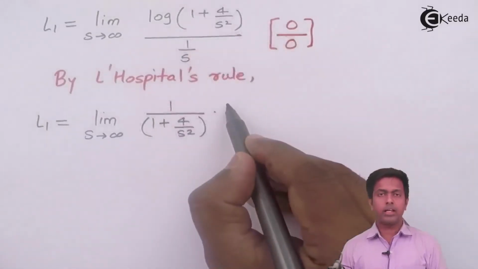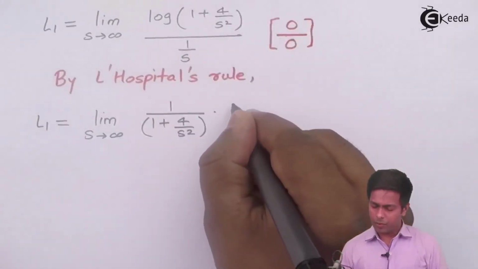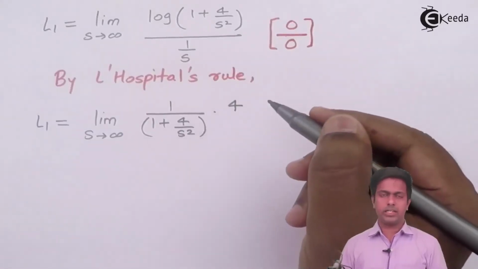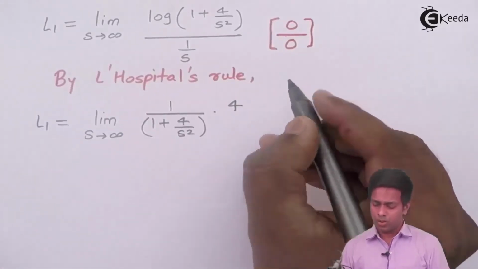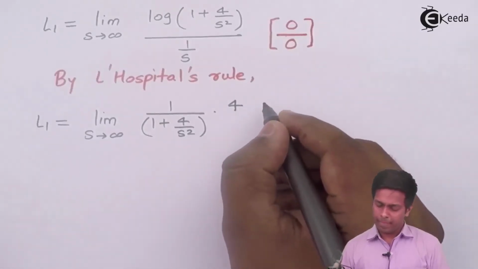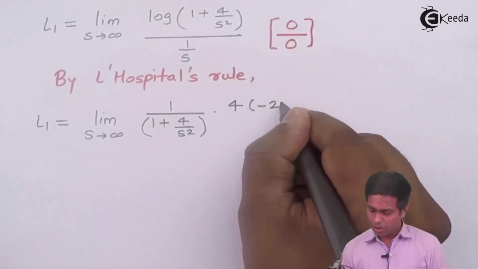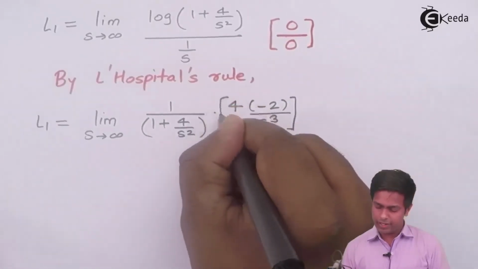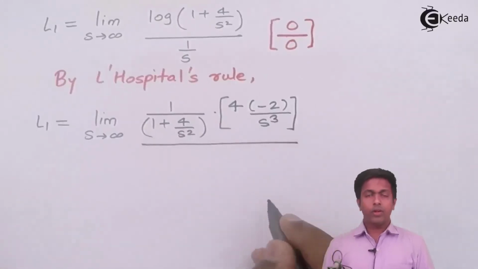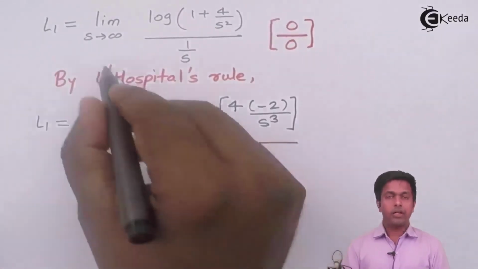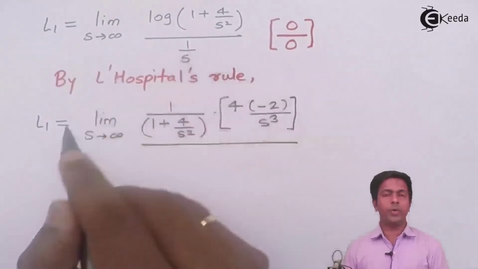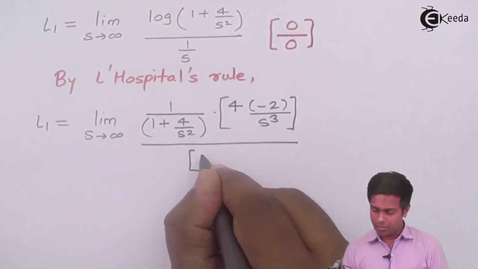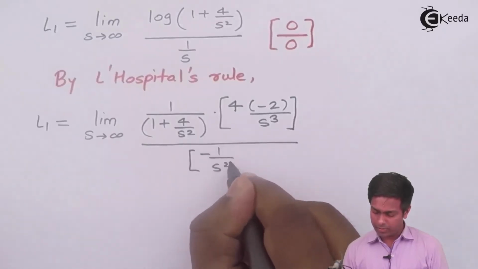The derivative of 1 is 0 and 4 is constant, and the derivative of 1 upon s square, which is s raised to minus 2, will be minus 2 upon s cube. You have to be very good with derivatives. Now let's find the derivative of the denominator. The derivative of 1 upon s is minus 1 upon s square.